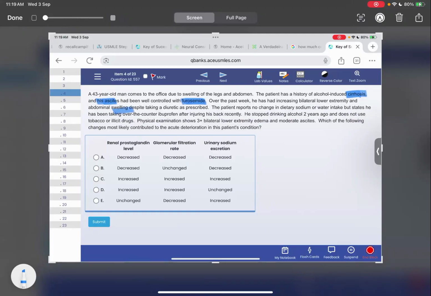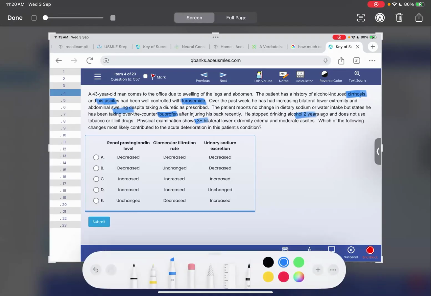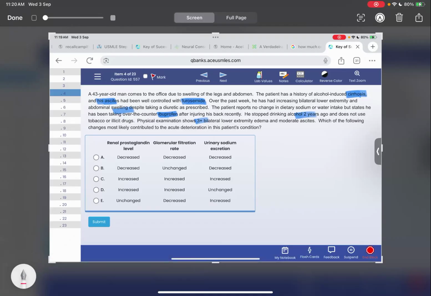Swelling. The patient reports no changes in dietary sodium or water intake, but states that he has been taking over the counter ibuprofen, right? He stopped drinking alcohol, does not use tobacco. He has bilateral edema. I have told you that in some of the questions they have made the stem very long just to confuse you.